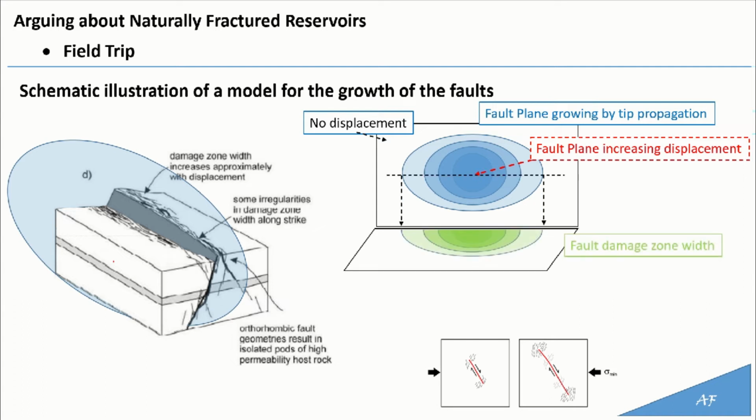The relevant fault damage zone width increases, with the fracture intensity decreasing moving away from the fault plane. The fault damage zone width decreases with the decreasing of the fault displacement.